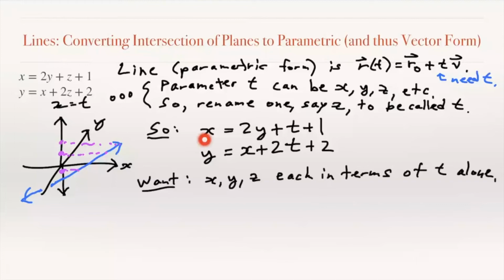So in other words, we want x to be equal to some expression with only t and scalars, numbers. So what we want to do, therefore, is eliminate this y from x.